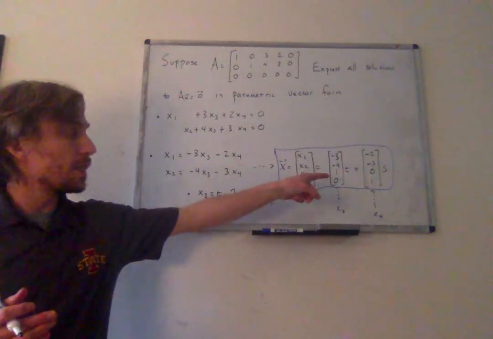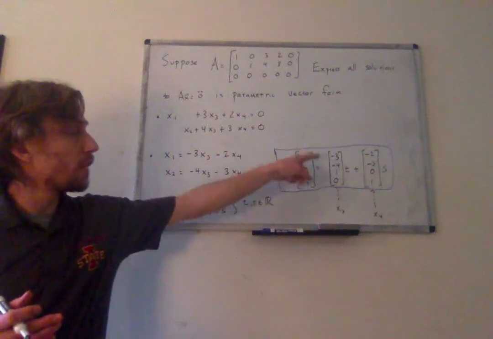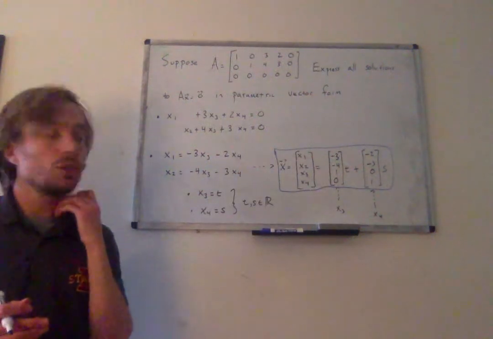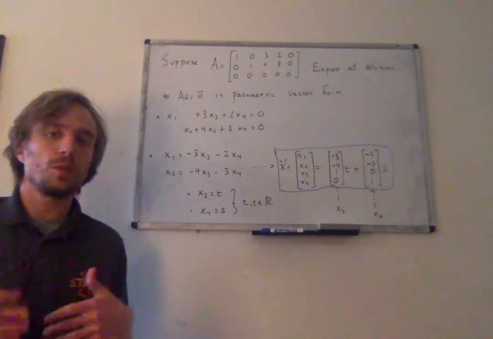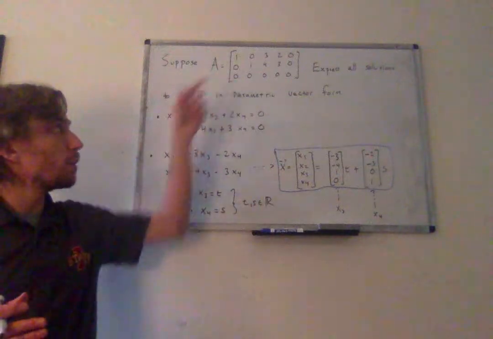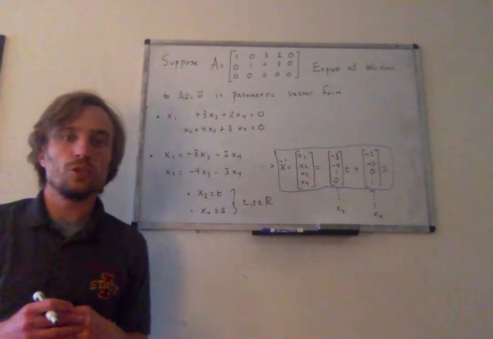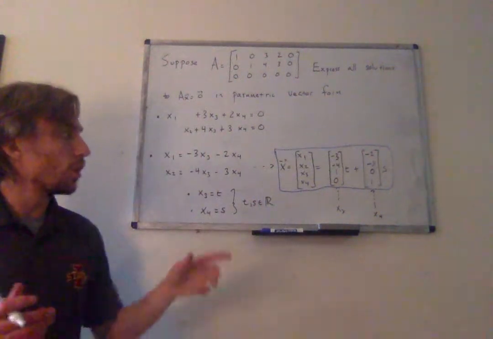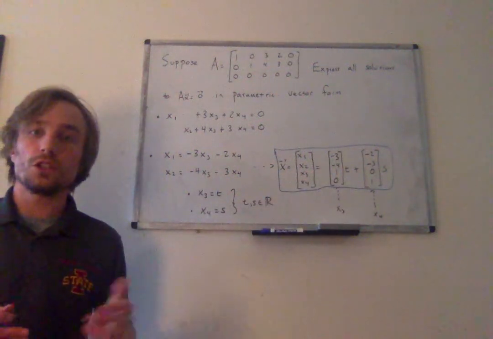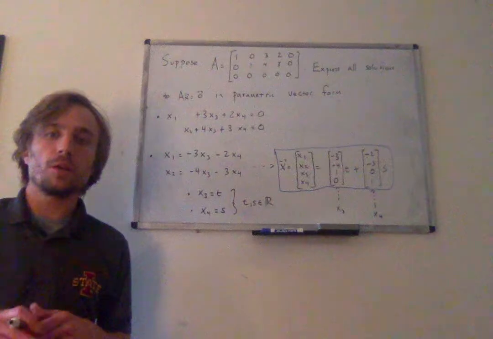I could choose s to be 0 and t to be 1, and this vector alone should give me a non-trivial solution, right? Or I could choose t to be 0, s to be 1. Again, any real numbers s and t I choose will give me a non-trivial solution to this homogeneous linear system. But so this way of writing out this solution or describing all solutions is called parametric vector form.